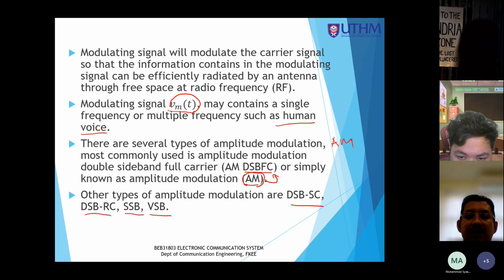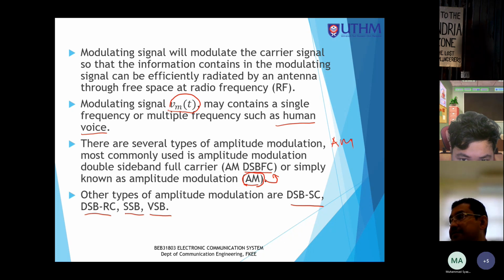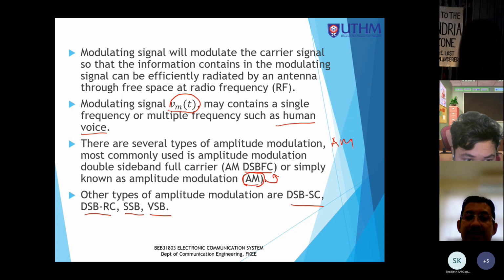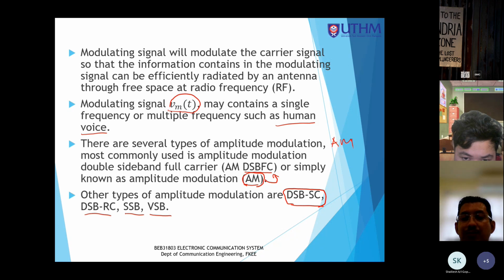So nanti kita akan lihat apakah perbezaan antara jenis modulation yang lain. Okay. Dan untuk makluman kamu, nanti dalam test kita akan tanya yang ini. Okay, suppressed carrier. Basically dia lebih kurang sama macam double sideband full carrier. Cuma pada bahagian output tidak ada carrier component. Nanti kita akan lihat macam mana bentuk struktur suppressed carrier ini.